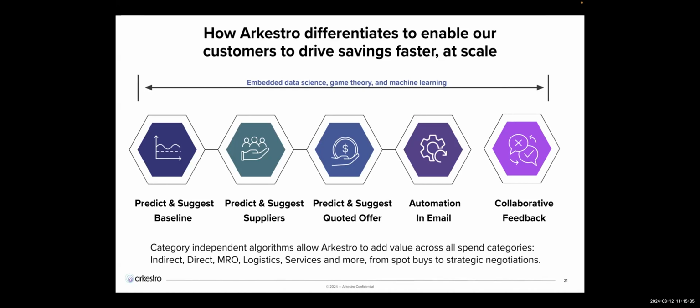We think of it as the enterprise procurement AI mullet, with the party in the front, in the email inbox with the suppliers, and the enterprise grade in the back, with the collaborative feedback that really delivers that seamless one-click experience. We think a procurement process should be as easy as accepting a DocuSign.